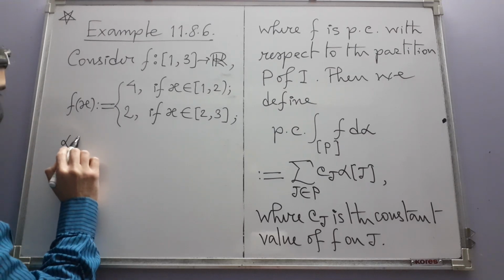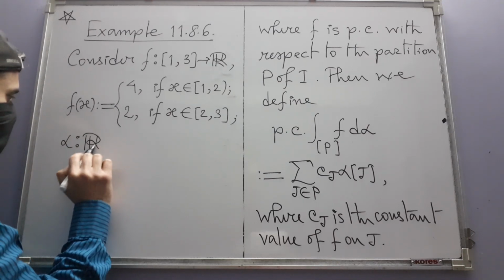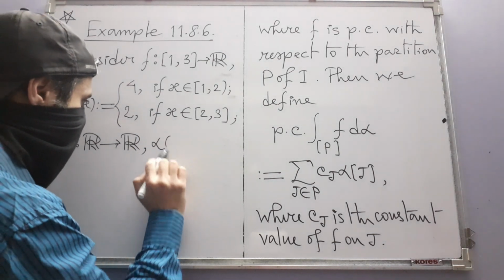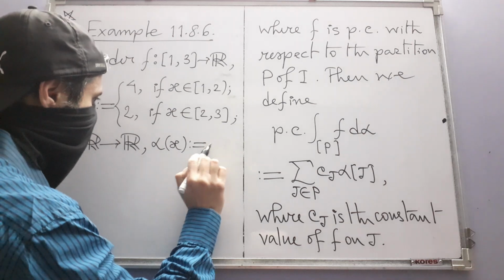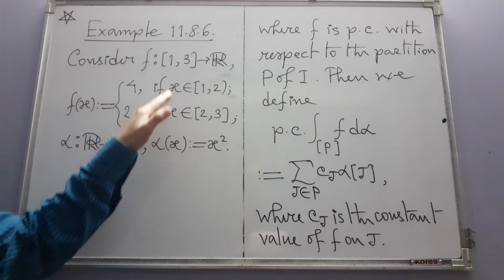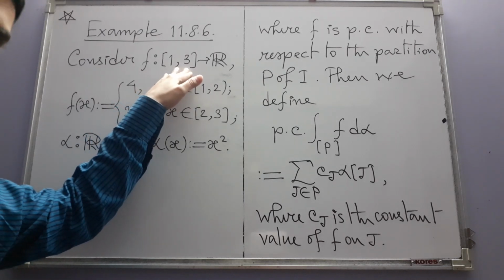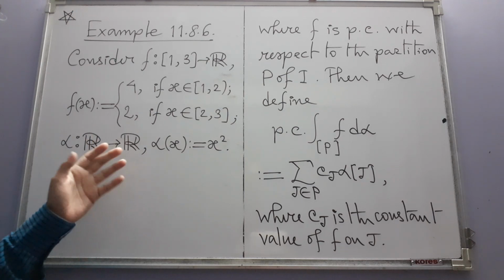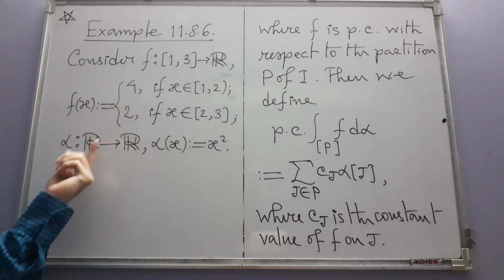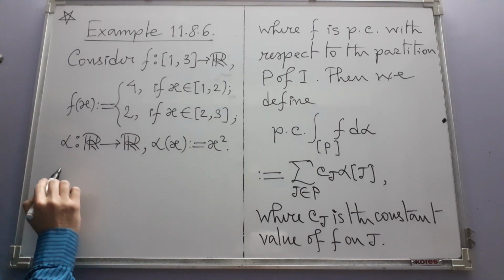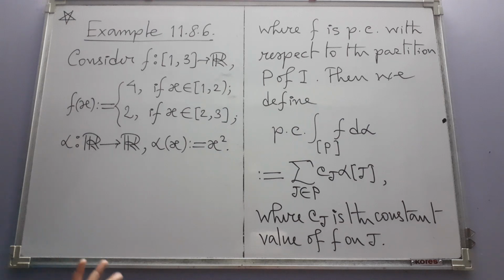And as alpha, we are going to consider the ordinary square function. And the little condition that the closure of the domain of f, that is I closure, needs to be a subset of the domain of alpha is in this case trivially true because this is the largest set in consideration. Okay, and we need to also mention the partition because everything is happening with respect to that.